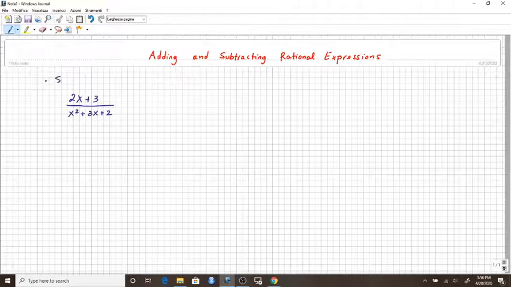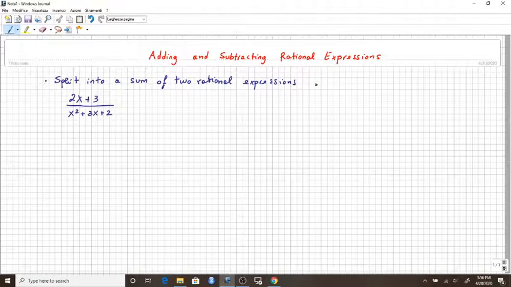What you need to do is split this into a sum of two rational expressions with unlike, so different, denominators. Okay? So that's the question of the problem. Try to do it by yourself.